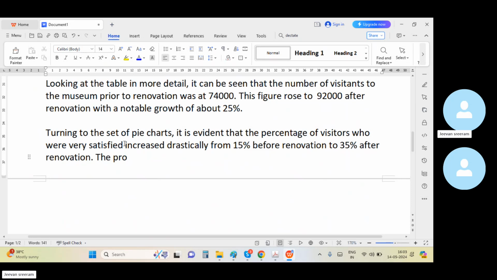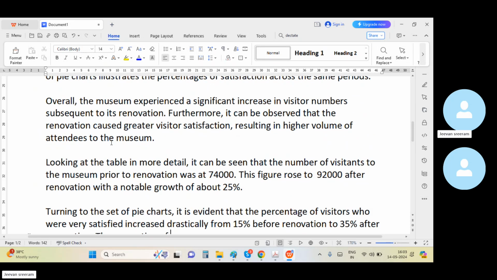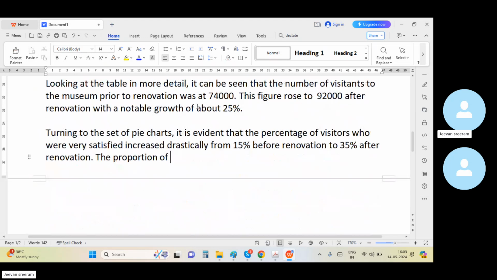Again, you can use the proportion. The proportion of, who is the next one? Satisfied visitors. The proportion of satisfied visitors. So satisfied visitors also increased, right? So I can use similar information. I can use likewise. Similarly, you can use likewise; likewise is the less common phrase.